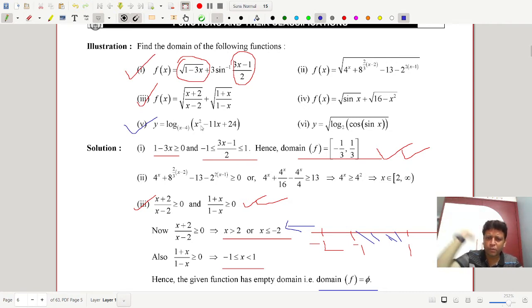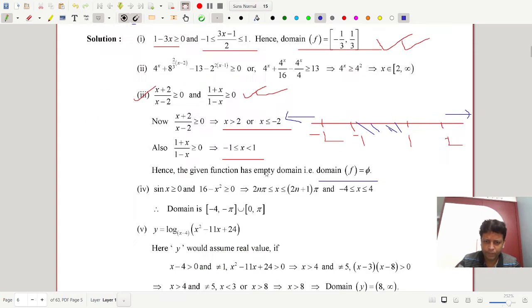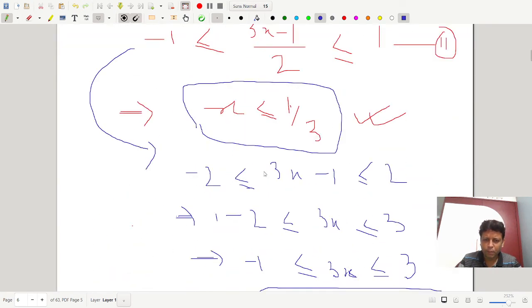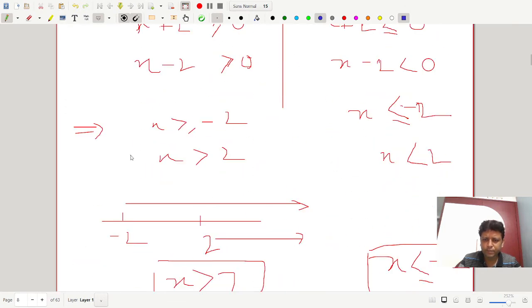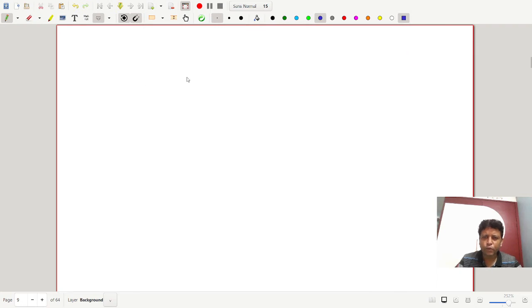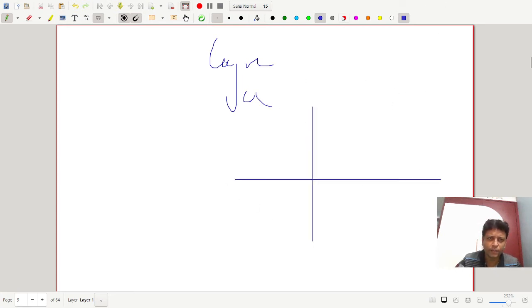So for logarithm you have to remember two things. If you talk about log x base a, then I have to draw the diagram for that. This is the log function. This function is increasing, and log 1 is 0. So this is 1.